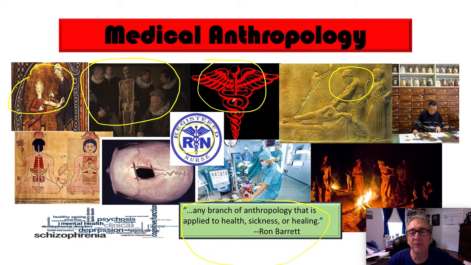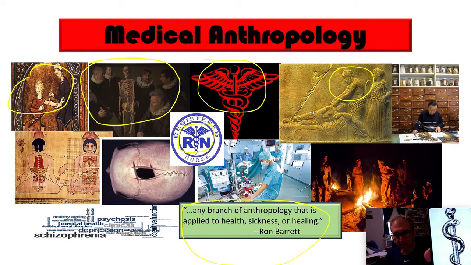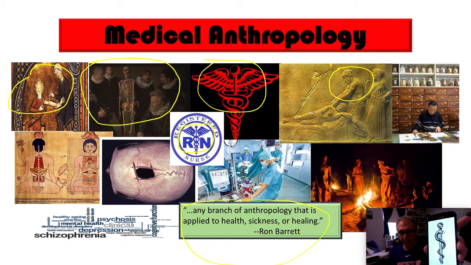It's an interesting story because the god of medicine was Asclepius, and the real symbol of medicine is the staff of Asclepius. Here you see it's a staff with a single snake wrapped around it.